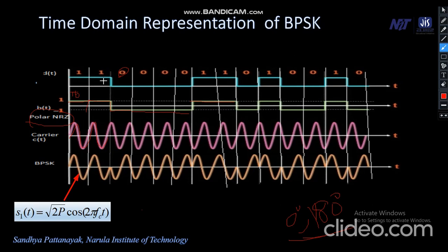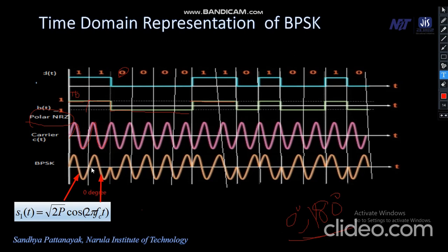So the modulated waveform is given by b(t) multiplied with the carrier signal root over 2P cos 2 pi fct. So the resultant is again root over 2P cos 2 pi fct. So when the consecutive bits are the same, the phase shift that we observe is 0 degree. Understood?